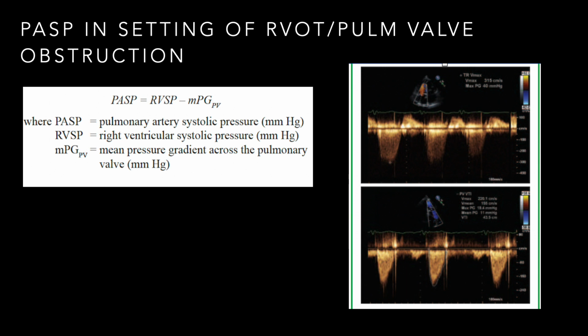And the mean gradient across the pulmonary valve is calculated by using a CW trace through the pulmonary valve and then tracing that spectral display.